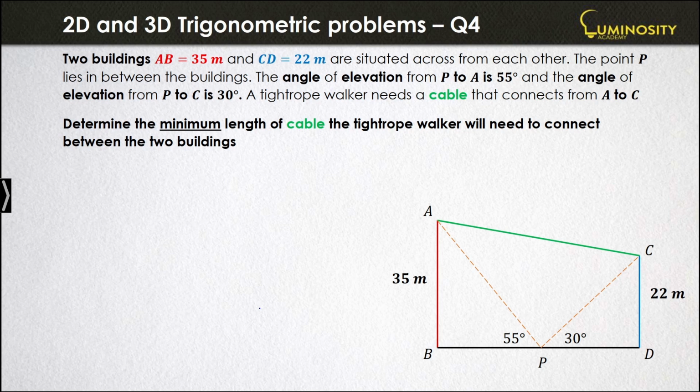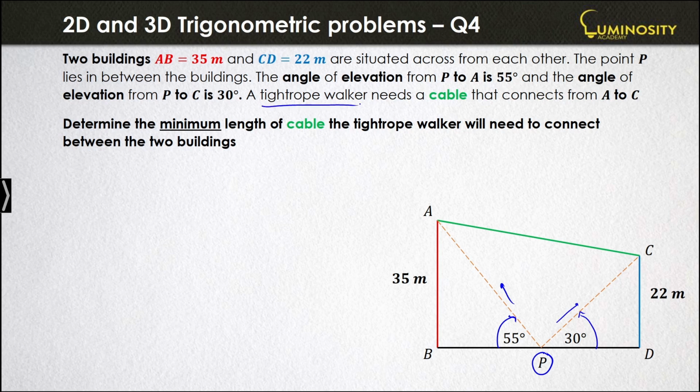Two buildings, AB which is 35 meters tall and CD which is 22 meters tall, are situated across from each other. The point P lies between these two buildings, so somewhere on the floor here. The angle of elevation from P to A, so this angle here, is 55 degrees, and the angle of elevation from P to C, this angle here, is 30 degrees.